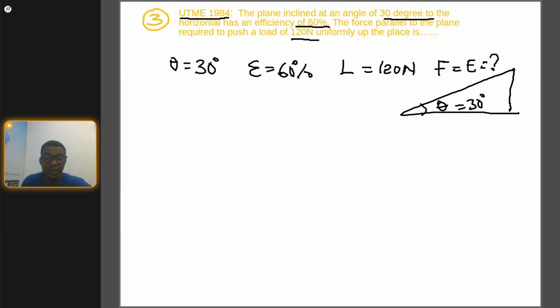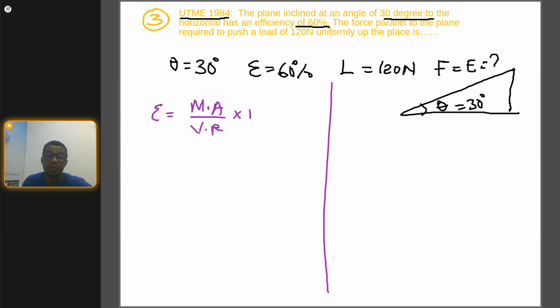So efficiency is given as the mechanical advantage over the velocity ratio multiplied by 100. How do we get the velocity ratio? Velocity ratio equals 1 over sine theta for an inclined machine.